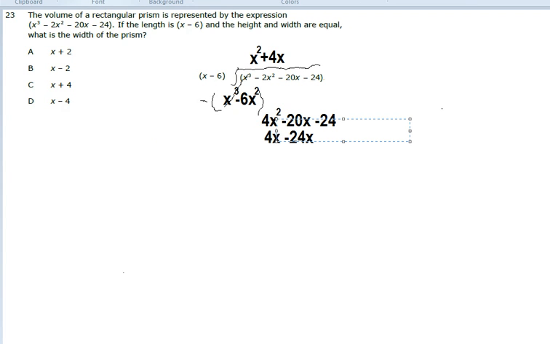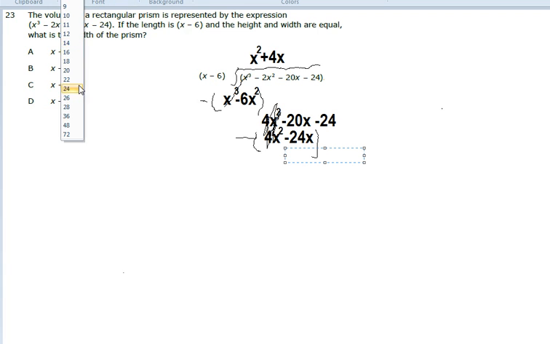And just like last time, my first two here are going to cancel out because I'm going to subtract. So I'm going to put my parentheses and subtract. These cancel out. I get negative 20 minus negative 24. When you subtract a negative, it becomes a positive.